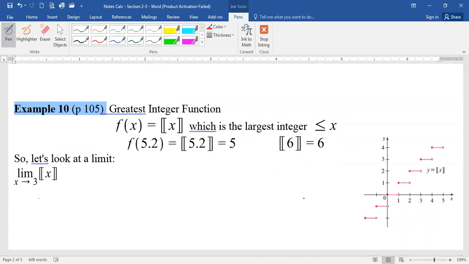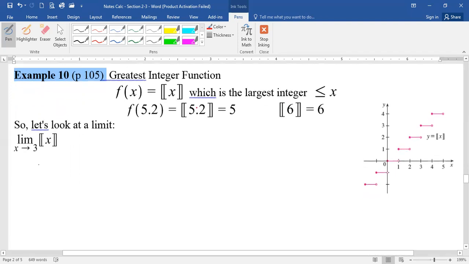Okay, greatest integer function. So the greatest integer function, again, remember what that does is it takes whatever we put into it and it spits out the greatest integer that is basically to the left of this, okay?